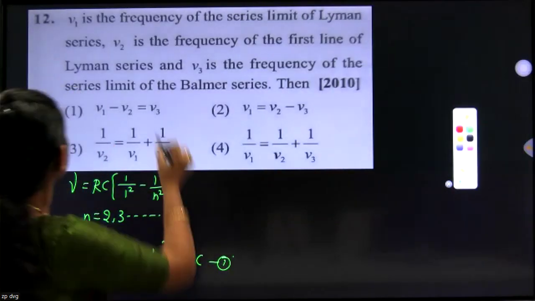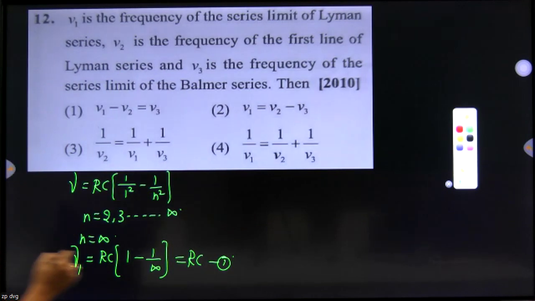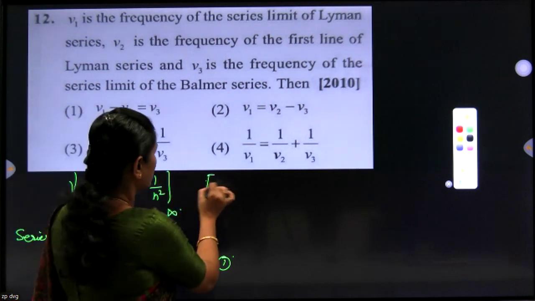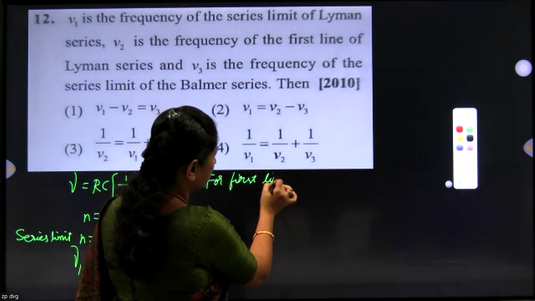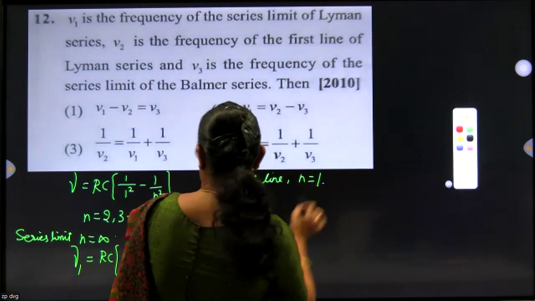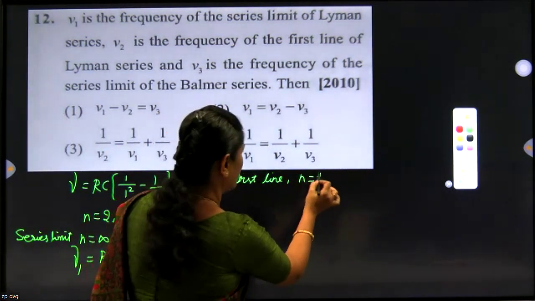Next, nu2 is the frequency of the first line of Lyman series. For the series limit, n equals infinity. For the first line, n is equal to 2.